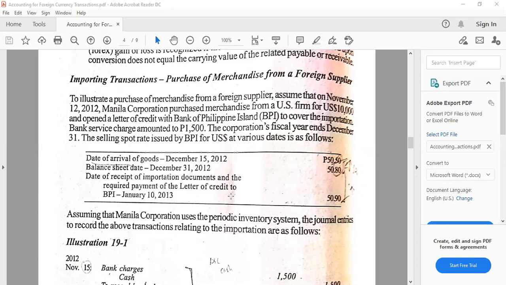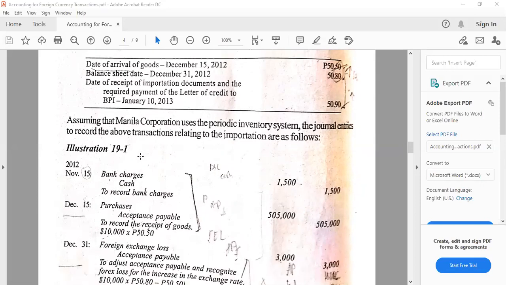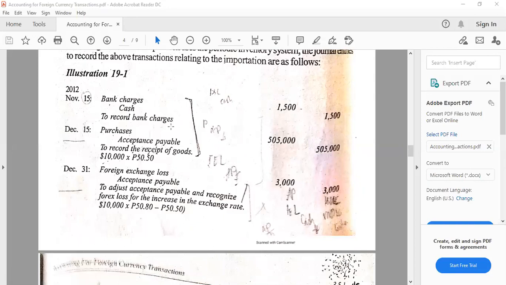And then, although we have known from our accounting standards that it is when substantial risks and rewards of ownership have been transferred or management control has been relinquished substantially to us, and that we are going to recognize revenue under IFRS 15 provisions also. But anyway, to simplify the problem, because the problem is straightforward, so it is when the goods have arrived or delivered to us. So to journalize, this is for the bank service charges.